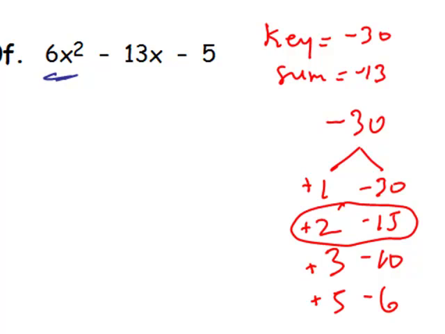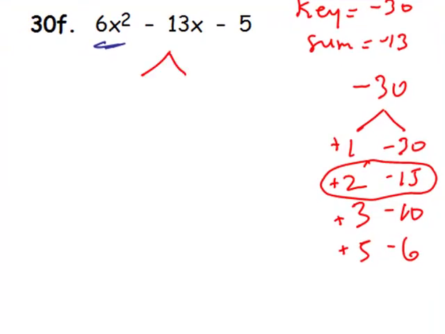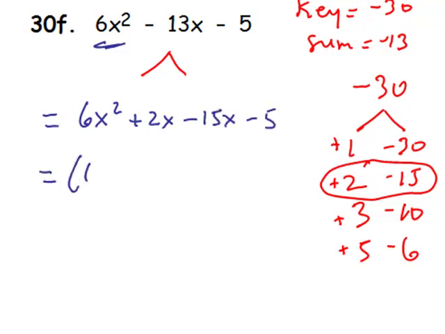So we're going to use that positive 2 and negative 15 to split this middle term, and we get 6x squared plus 2x minus 15x minus 5. In grouping, that's 6x squared plus 2x, and remember, plus negative 15x minus 5.